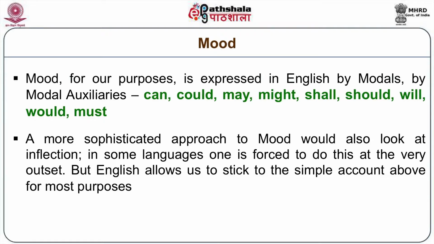The third major verbal category handled by the grammar is called mood. Mood is a bit complicated. The term is used differently by different authors. For your immediate purposes, we suggest that you do something very simple. There are some English auxiliaries of which will is an example, but if you look further afield, you will find that will has the same properties as can, must, may, and so on.